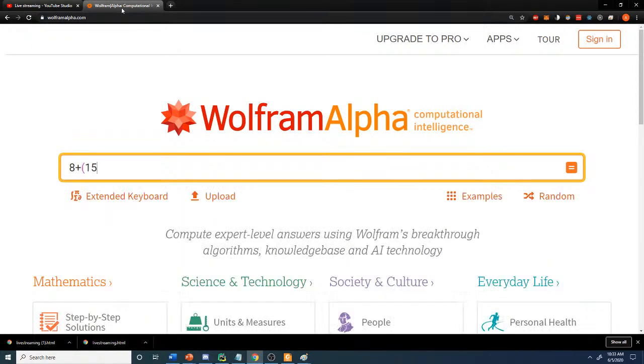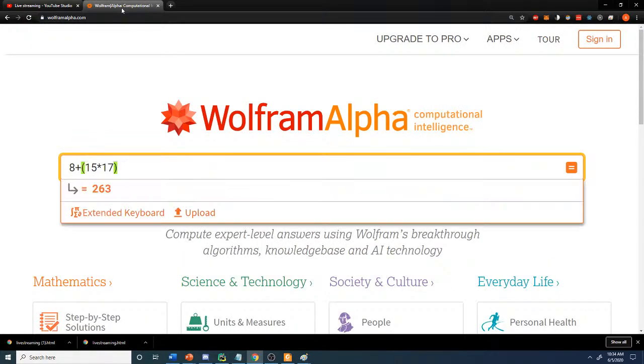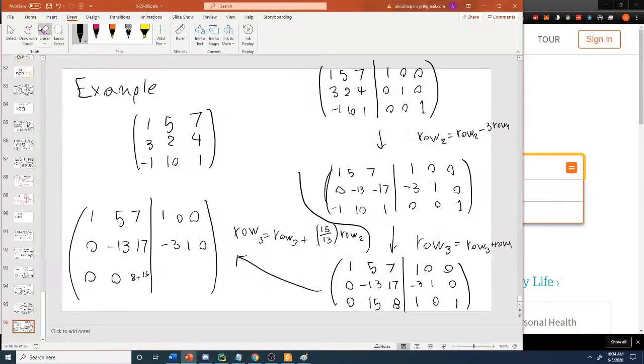Eight plus 15 times 17 divided by 13. So 359 over 13.